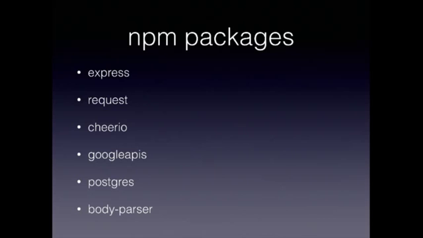They have some sort of basic request functionality. Cheerio is a package I found that we'll actually use for extracting the data with the scraper. I'll get into more detail with that as we go through. The Google APIs are what I use to invoke the custom search to get the information. Postgres obviously is the database I'm using to store the info, and body-parser is for retrieving any form-based input.